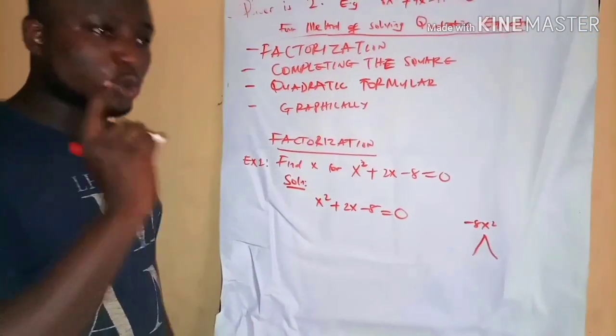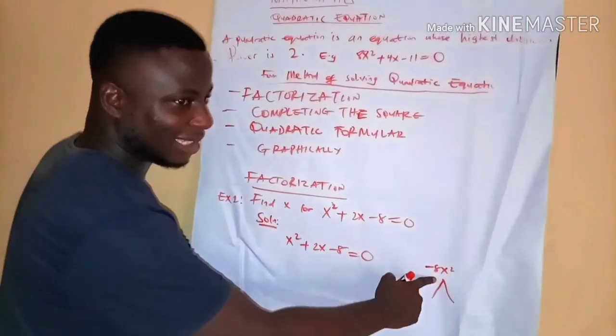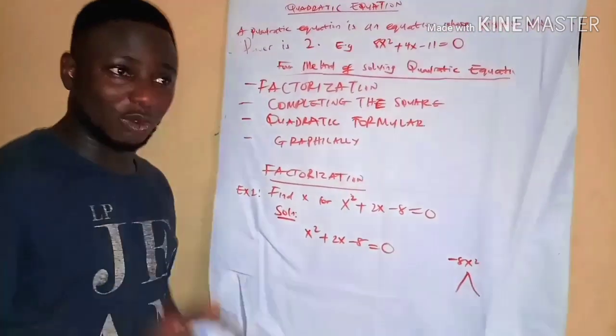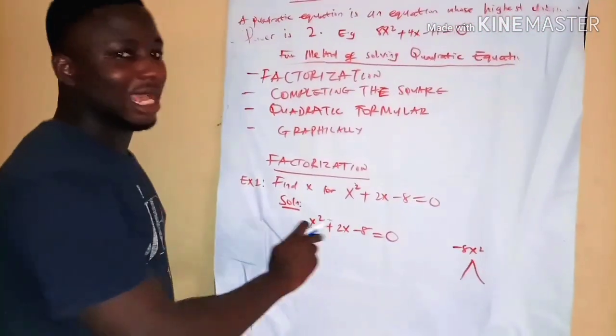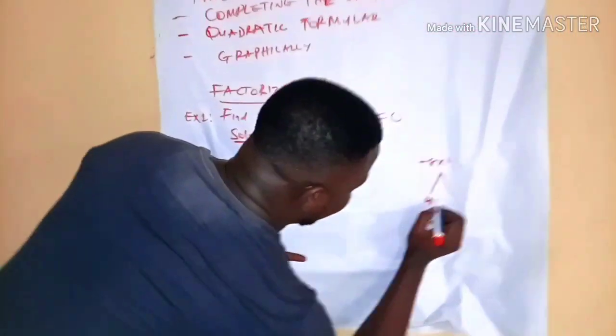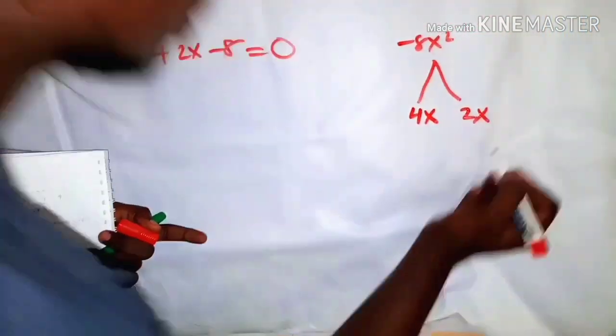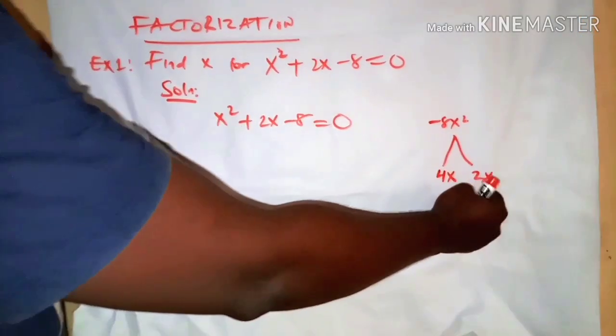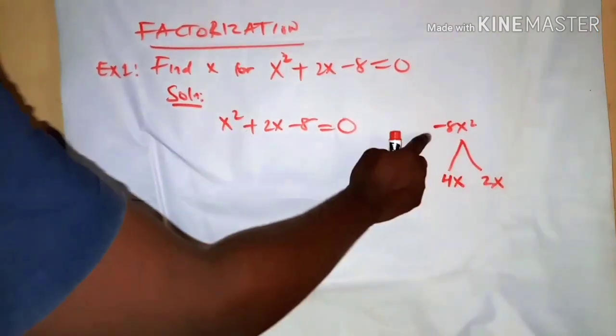So we have to look for two factors of 8 that when we multiply them together, they will give us minus 8, and when we add or subtract them, they will give us 2. From my own observation, those two factors are 4x and 2x. But 4x and 2x are positive numbers, and if we multiply them, they will not give us minus 8.